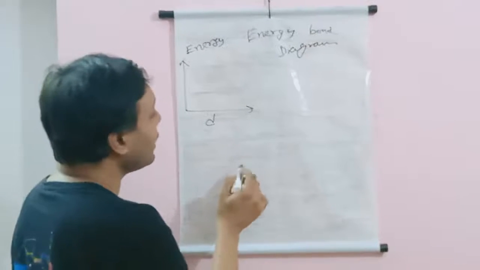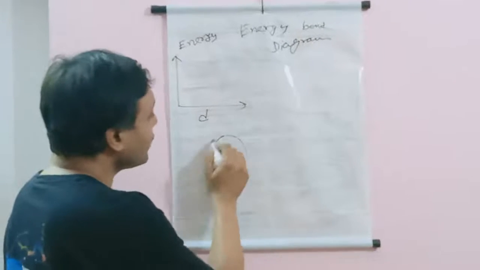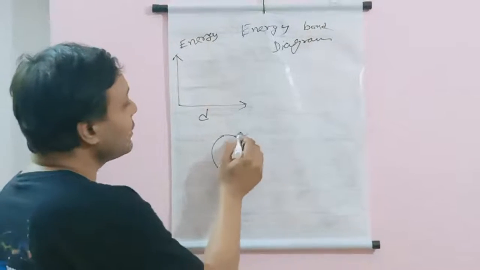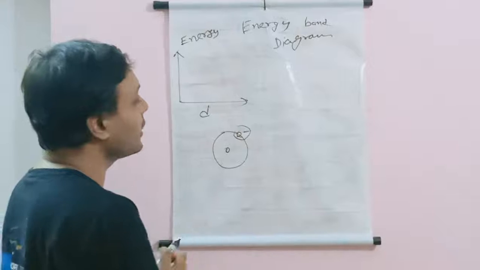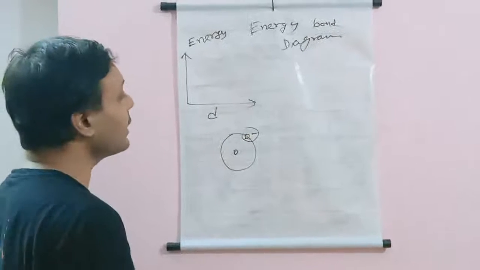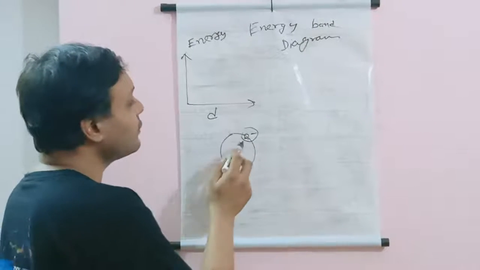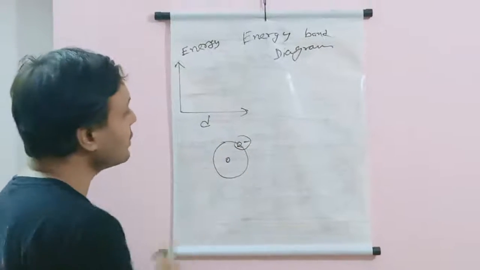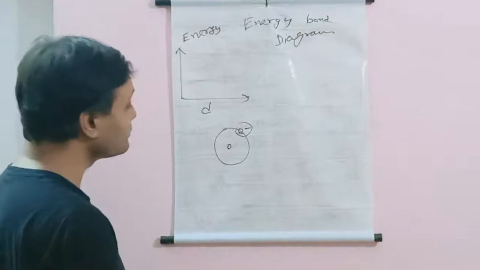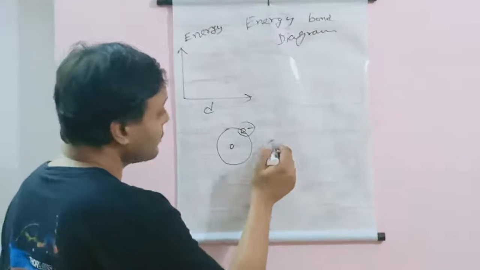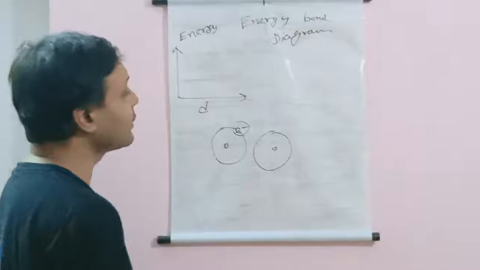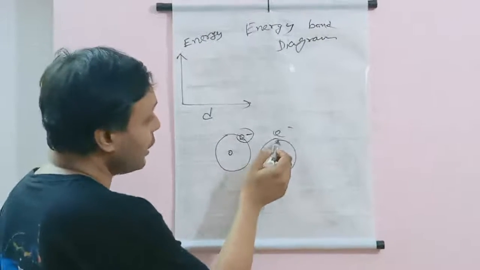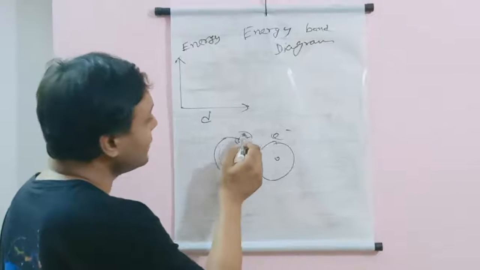We need to understand the origin of it. When you have an atom, there is the outside shell of the atom, and there are electrons flowing through this outside shell. Electrons in the outside shell have a certain valence band energy. It is called valence band energy because it's the valency that decides the number of electrons and the energy. Now, when another atom comes close to this atom, the outside electron of the other atom interacts with this atom.